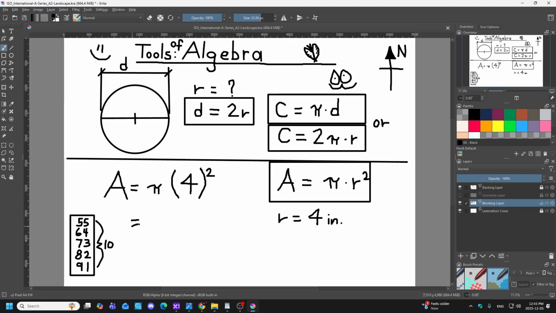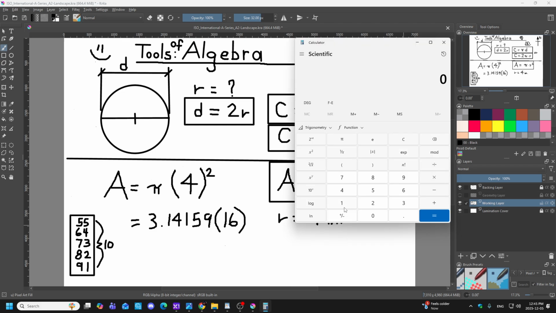Pi is equal to 3.14159. I'm just going to use that. Good enough. We know that 4 squared is 16. Okay? Essentially, we're multiplying pi times 16. 16 times pi and equals.